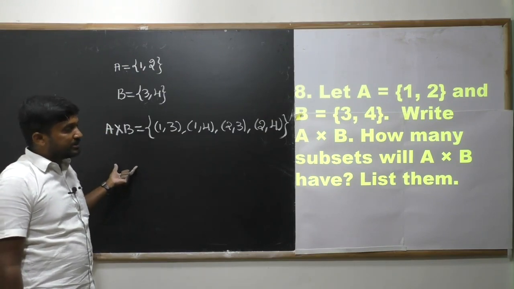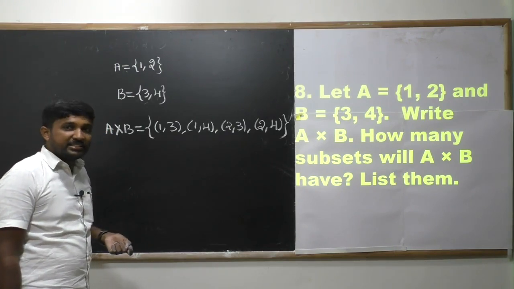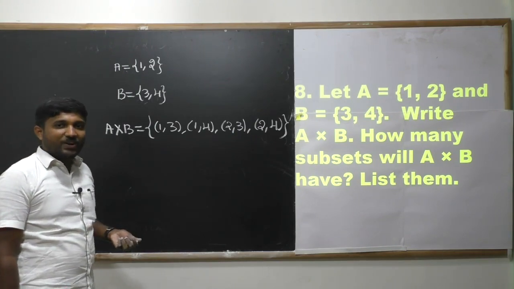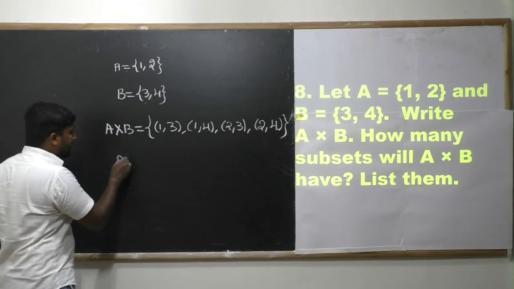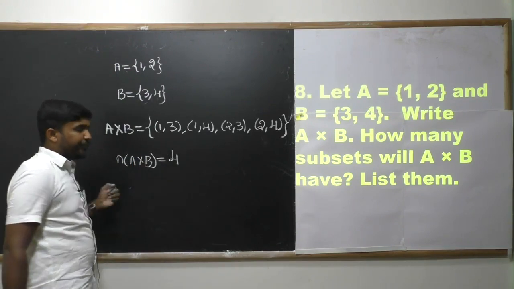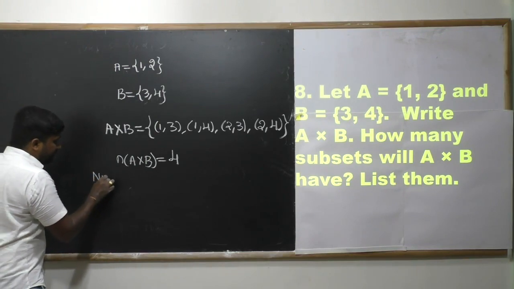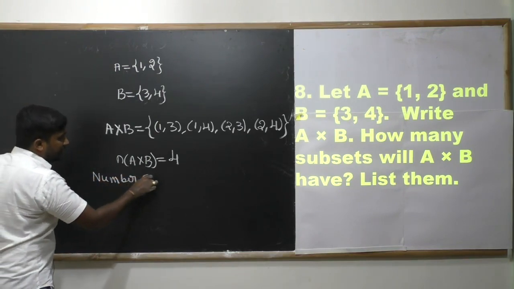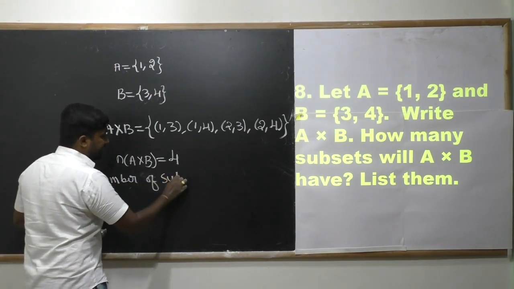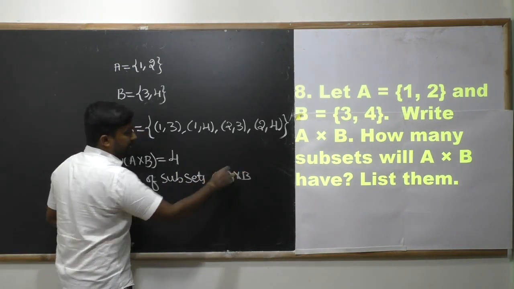Next, one more sub question is there. How many subsets will A cross B have? List them. We have to write the number of subsets of A cross B. How many elements are in A cross B? N of A cross B is equal to 4. Correct? Then the number of subsets of A cross B, what is the formula?